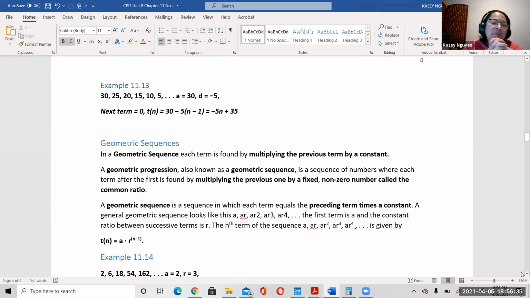So in a geometric sequence, each term is found by multiplying the previous term by a constant. A geometric progression or geometric sequence is a sequence of numbers where each term after the first is found by multiplying the previous one by a fixed non-zero number called the common ratio.